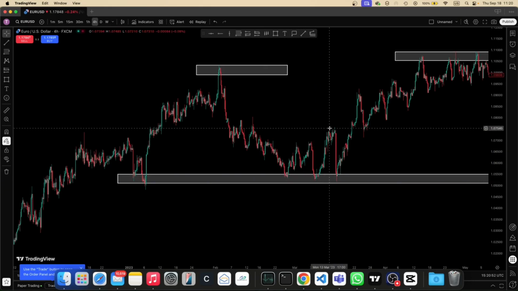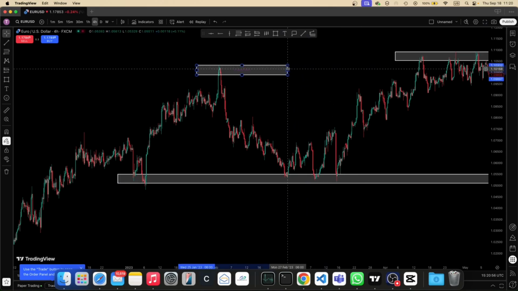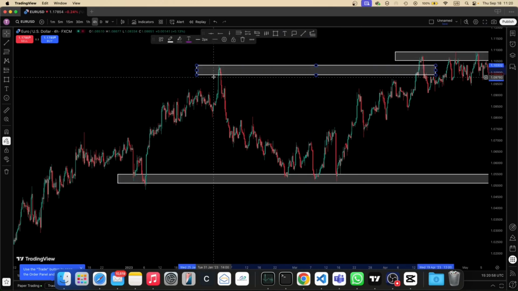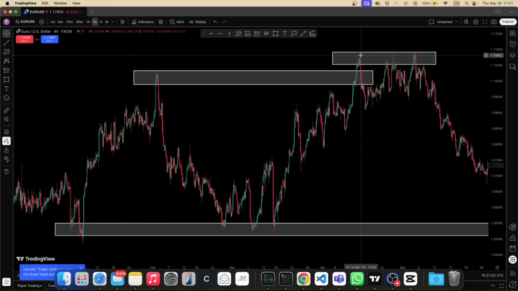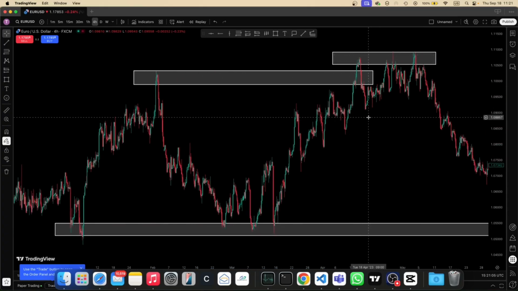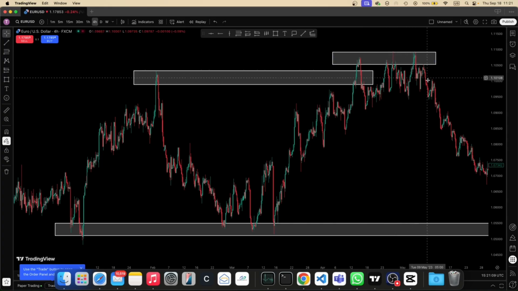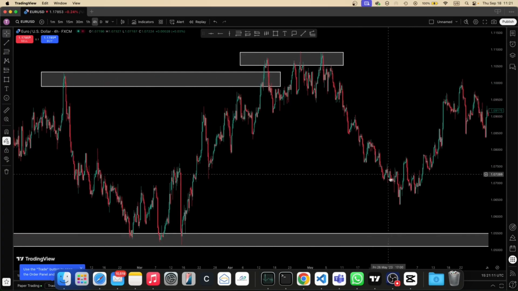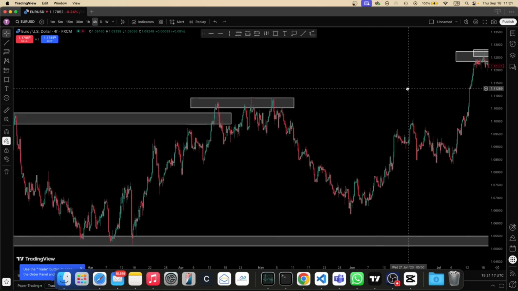Buyers tried to push, sellers came in impulsively, and then they lost, and buyers pulled it back up to the resistance. Same thing. Buyers tried to push higher, failed. Buyers try to push, fail, and then it drops back to around that support area, and then tried again.